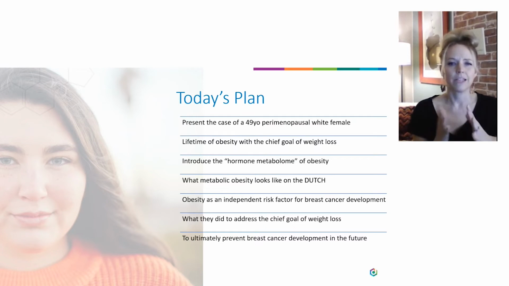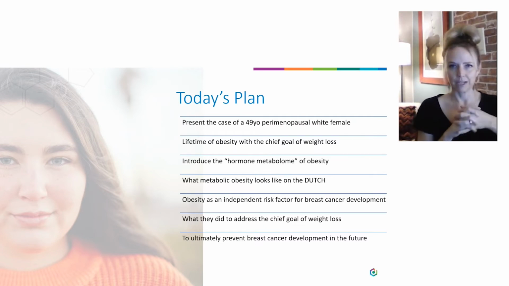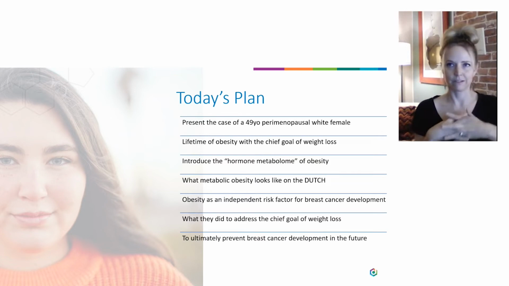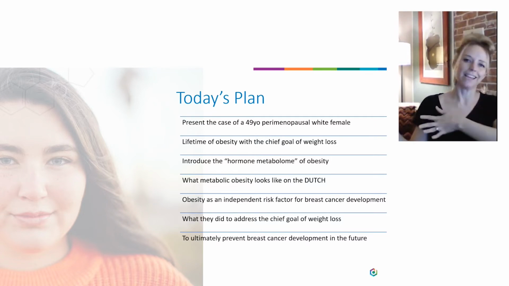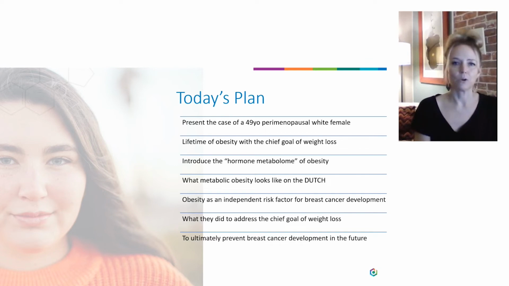And to introduce obesity as an independent risk factor for breast cancer development, because it is October and everyone's thinking about breast cancer and their moms and sisters and aunts, and we want to honor these folks who are survivors and those who will go through breast cancer diagnosis and treatment in their lives, and hopefully decrease everyone's risk of breast cancer by looking ahead 10 years, by looking at the hormone metabolome ahead of time and maybe making some changes.